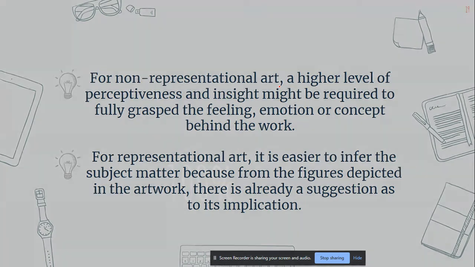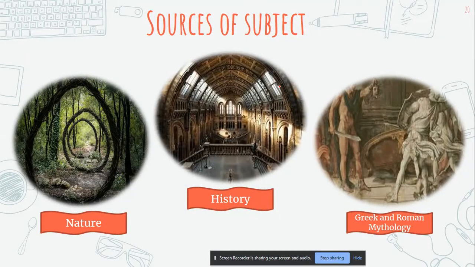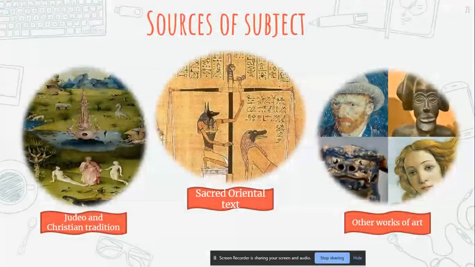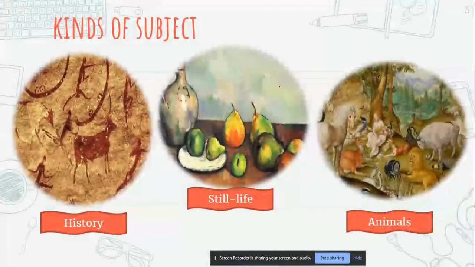All right. Now let's have the sources of subject. Could have nature, history, Greek and Roman mythology. Could be sources of subject. And we could have this one, Judeo and Christian tradition, sacred Oriental texts, and other works of art.